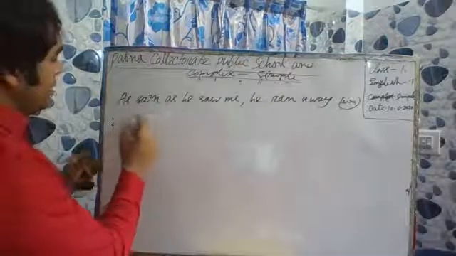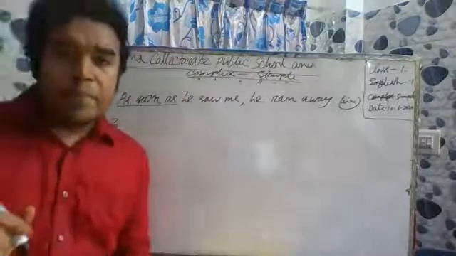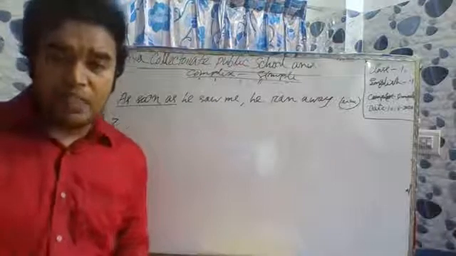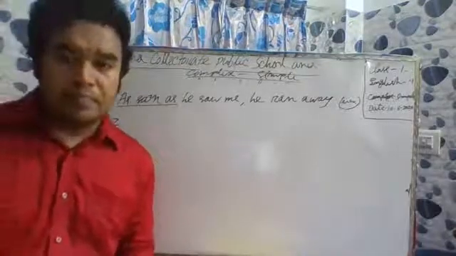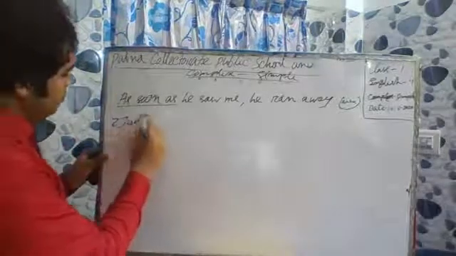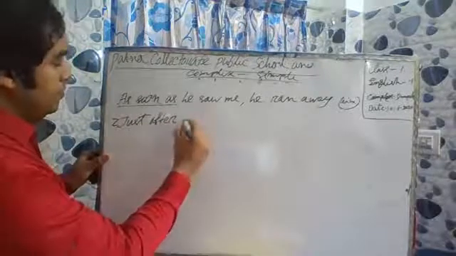Dear student, instead of as soon as, you have to use just after. Just after, then possessive form, then verb plus ing, then the rest of the part will be the same.